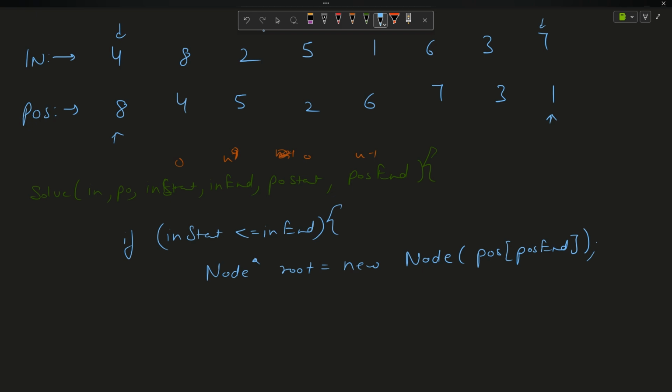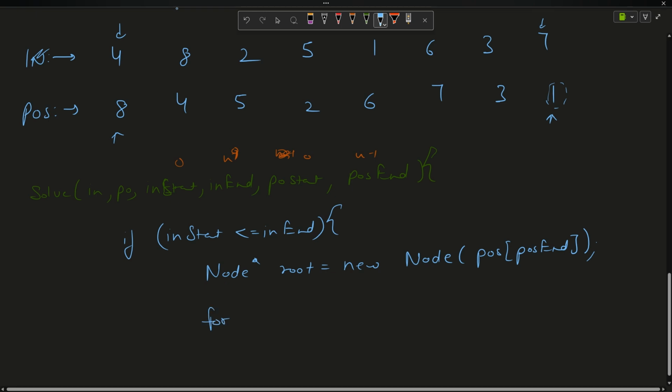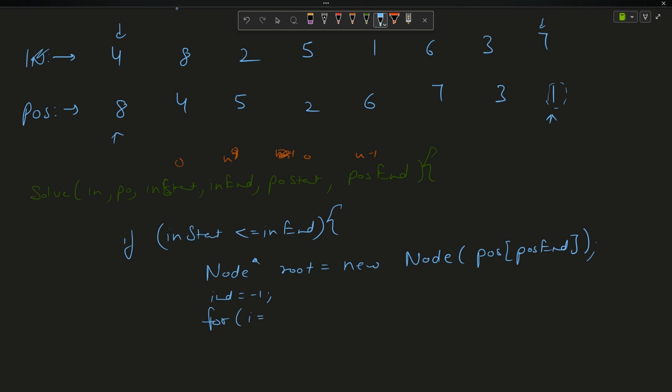Now, my second step was to find this element in this array, in in order. So what will I do? I will make index equal to -1 currently. Now I will say for int i. Now where will I search? I will search in the range in start till in end, right? So for i equals in start going up till in end.